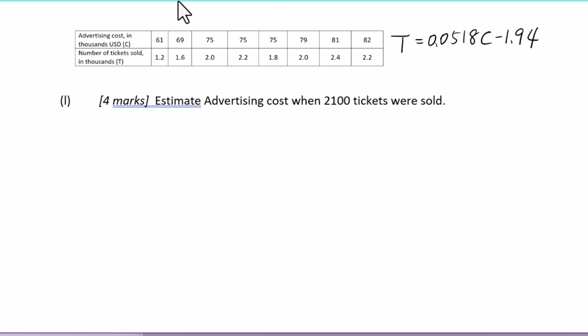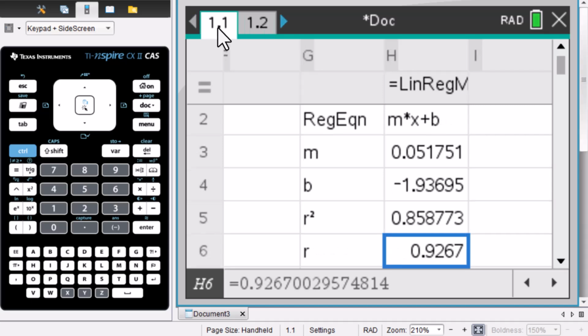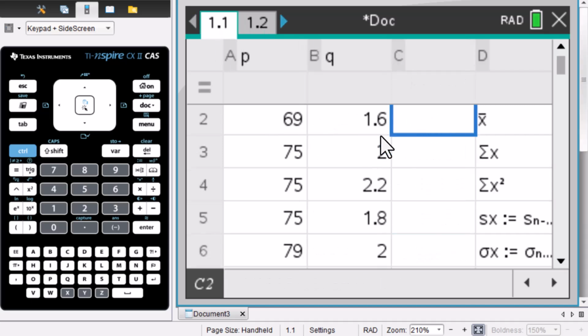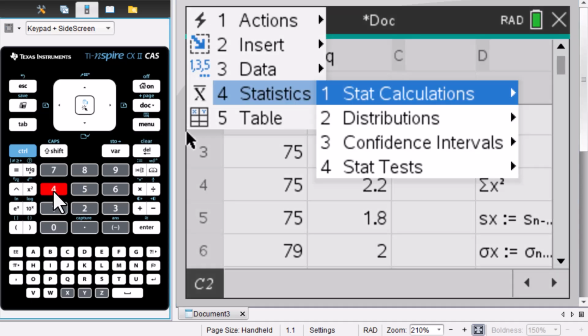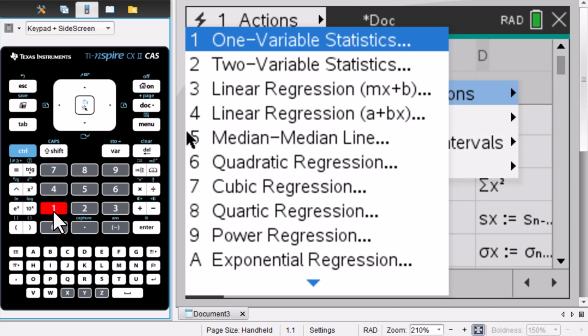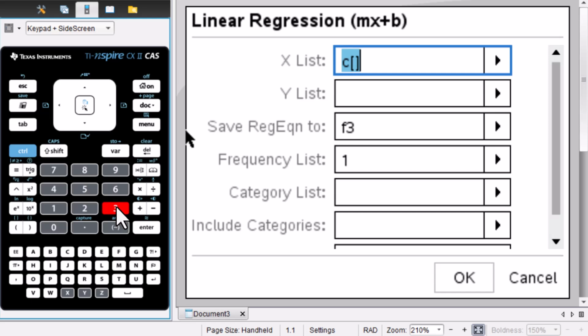This time, we will make this is X, this is Y. Let's go to calculator. Go back to this 1.1. We have all the data here. Go to Menu, 4, 1, 3, linear regression line.